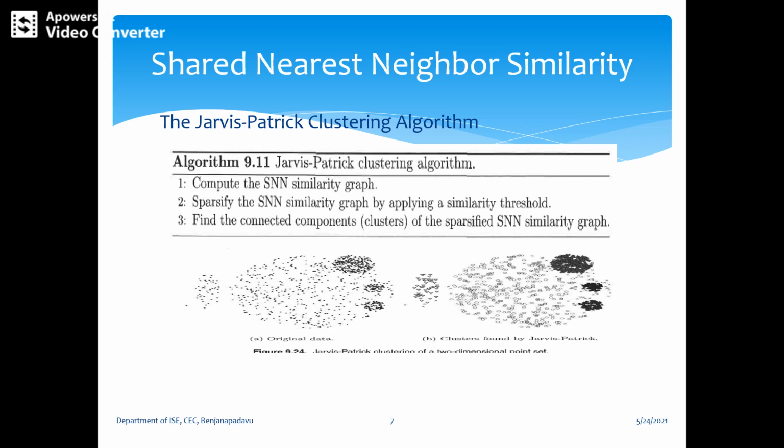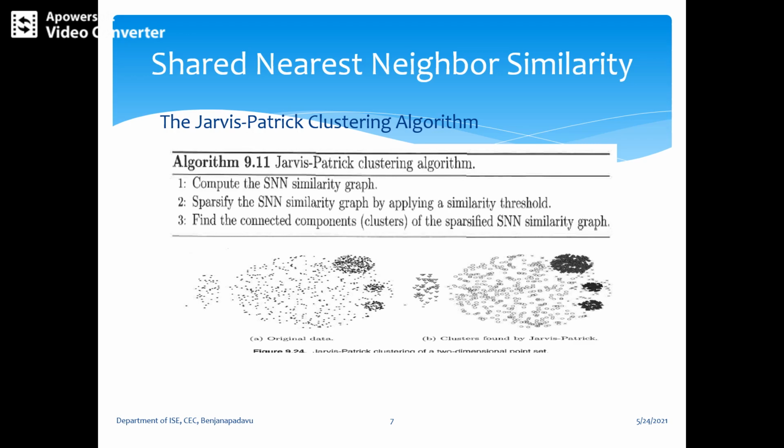The JP clustering algorithm replaces the proximity between two points with the SNN similarity, which is calculated by using this algorithm step. A threshold is then used to sparsify this matrix of SNN similarities into a graph. So the SNN similarity graph is created and sparsified.